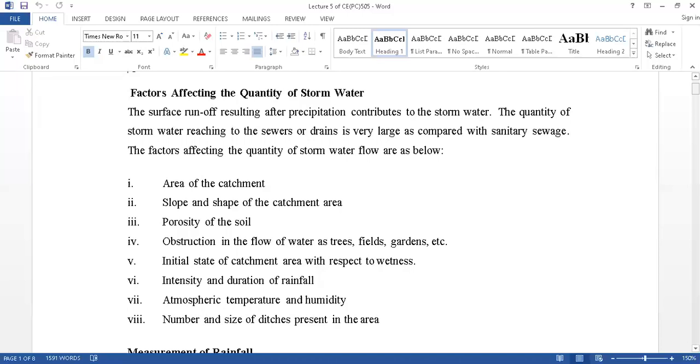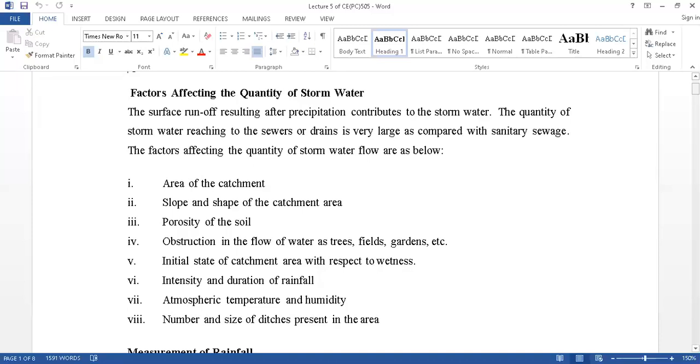So surface runoff will be less, because more water will penetrate into the ground. So obviously less water will flow on the surface. So it all depends on the porosity of the soil. Less porosity of soil means more surface runoff, more stormwater flow.